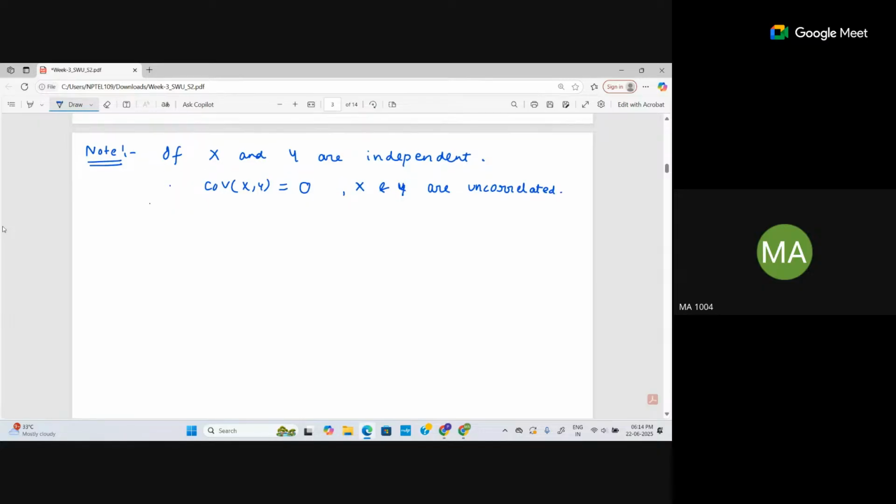But if it is given that the covariance between x and y is equal to 0, in that case x and y are uncorrelated only, but we cannot say that x and y are independent also. So the converse is not true here.